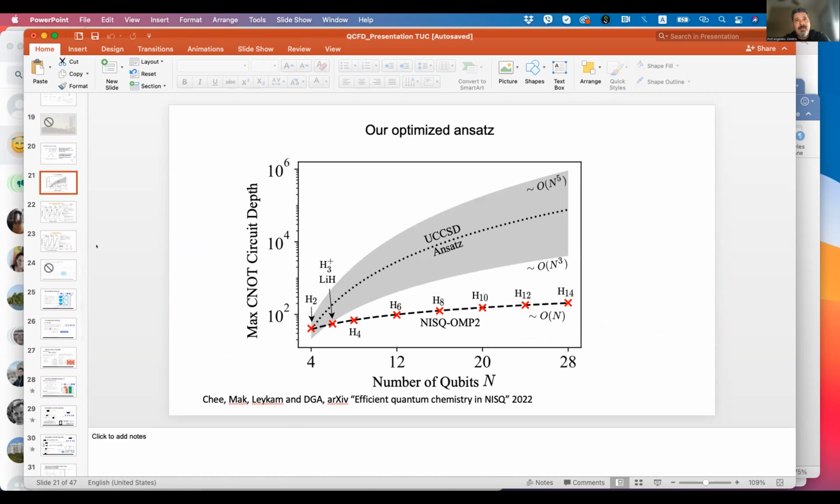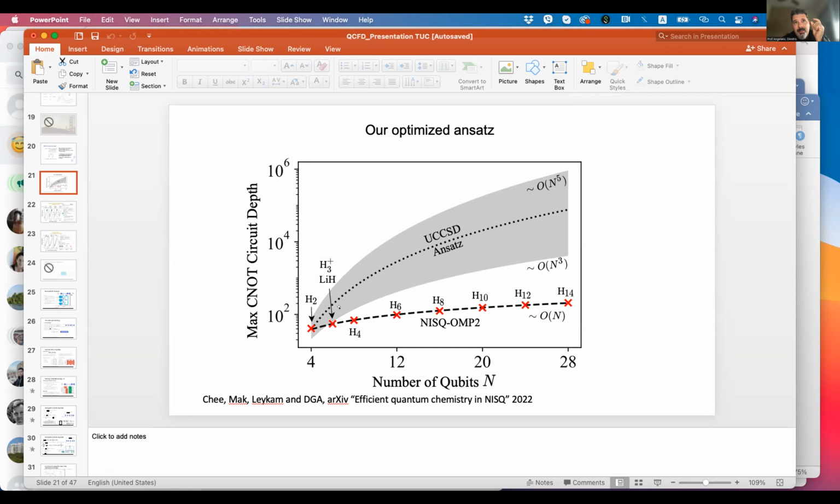What we did was we found a way to cut down the scaling of the number of gates to calculate correlations. Because in quantum chemistry, most people can just do Hartree-Fock for up to H12, that's what Google has done, or very small molecules with correlations, because the so-called UCCSD ansatz scales very badly. So it's very hard to implement in real hardware.